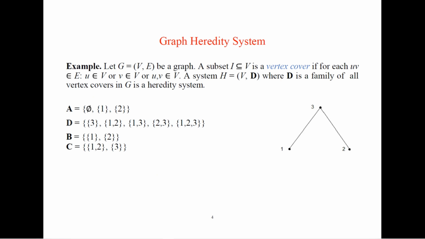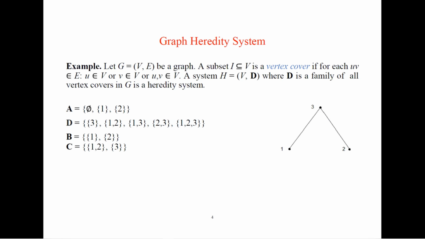For instance, we have some graph G, and a subset of vertices I is a vertex cover if for each edge, one or maybe both ends of this edge lie in the set I. If that is true, then I is a cover set.